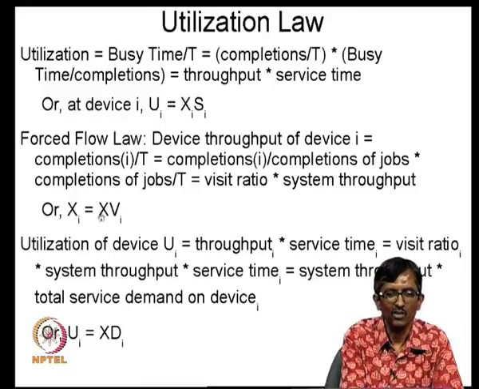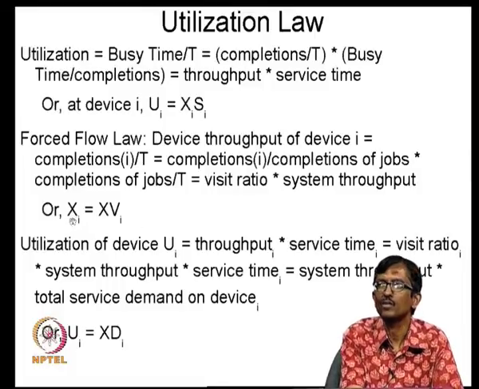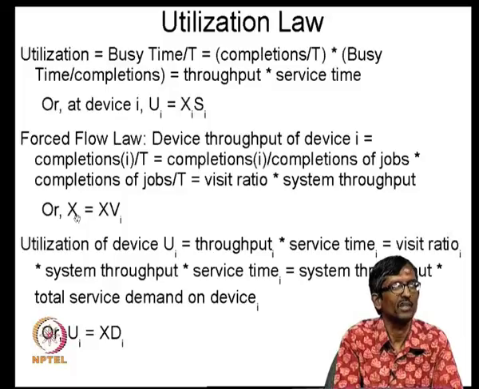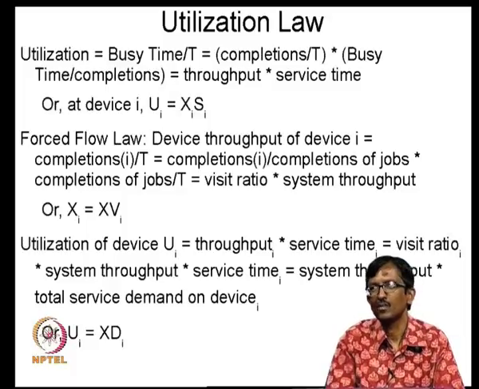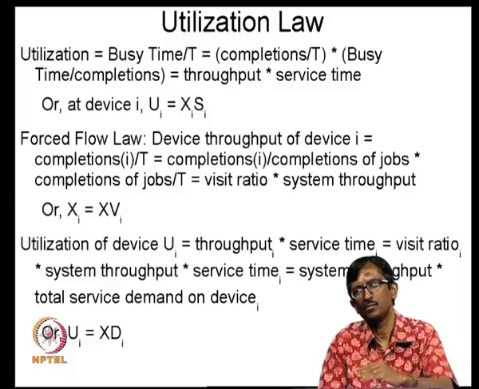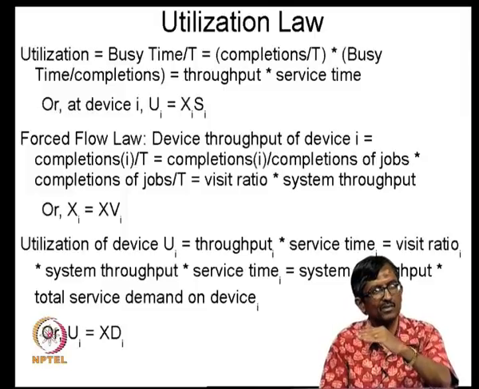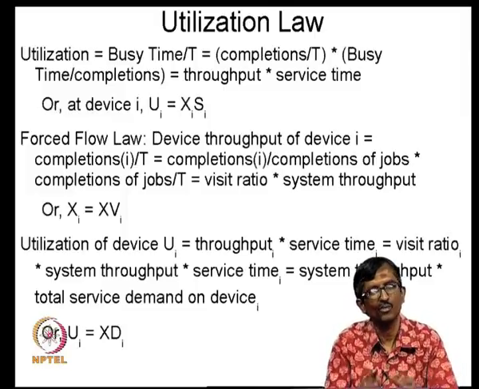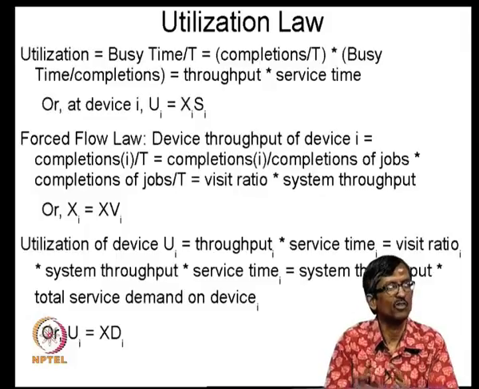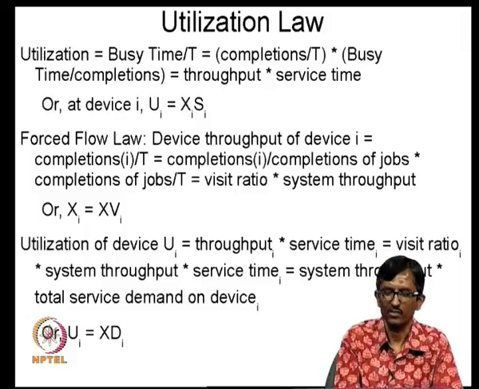If your system throughput is high, then you are not a bottleneck device, and your throughput will correspond to that same system throughput times how many times you are visited. For example, if I increase the throughput of a particular system, correspondingly everybody else in the system also has to increase their ability to process things. That is basically what it is.